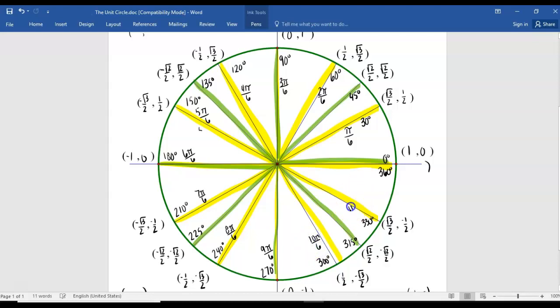And 11 pi over 6. Now, that's not how I want you to leave it, but it's pretty easy to picture it because you're just counting, going around, just adding pi over 6 over and over and over.